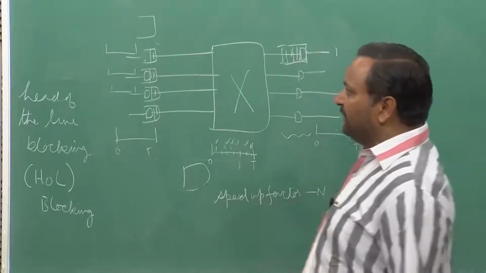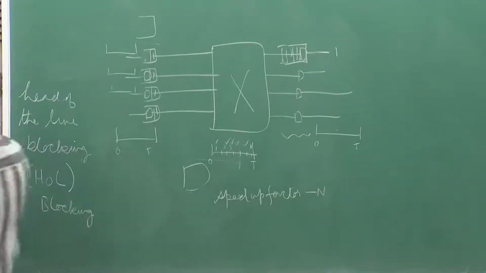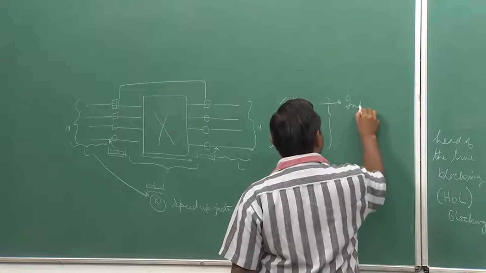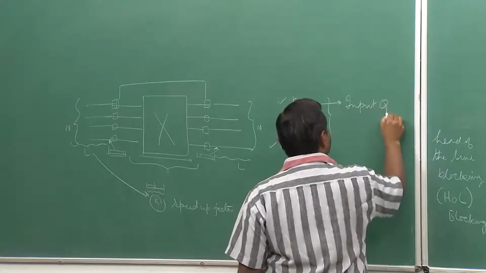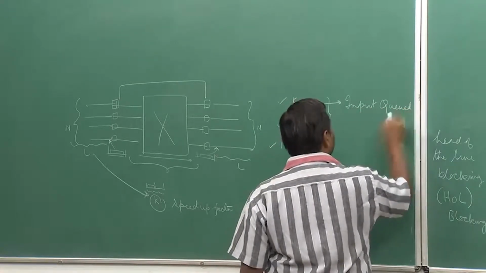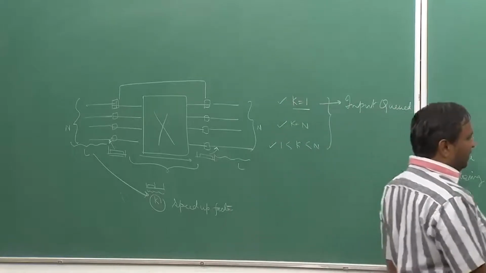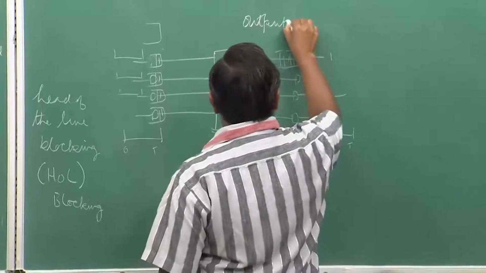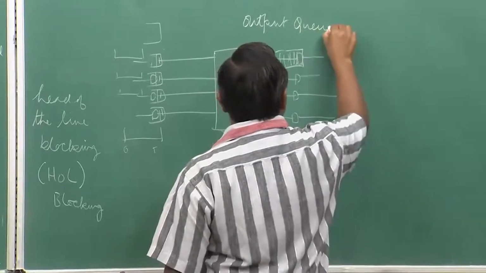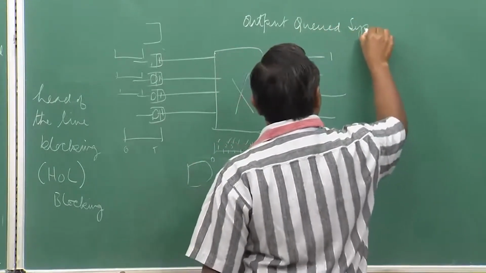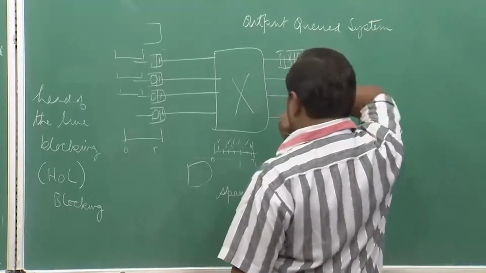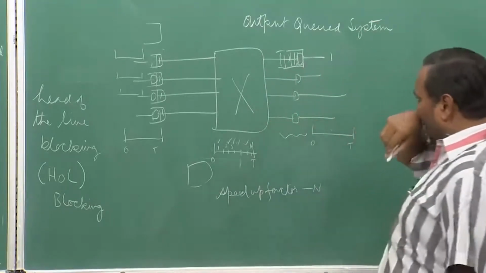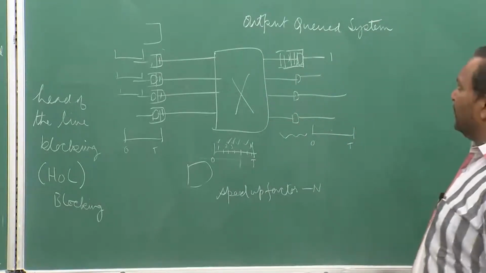So when the speedup factor is 1, you will end up in an input queued system, and when k is equal to n, you will end up in an output queued system. There is no head of the line blocking in an output queued system.